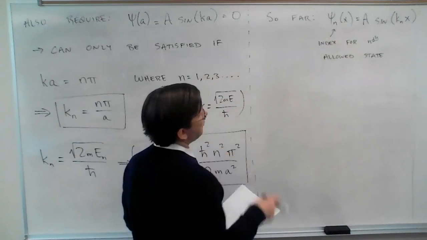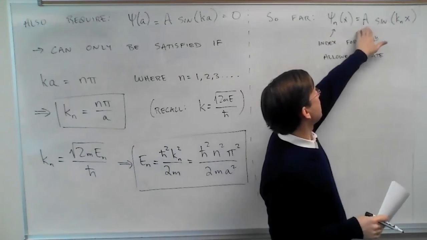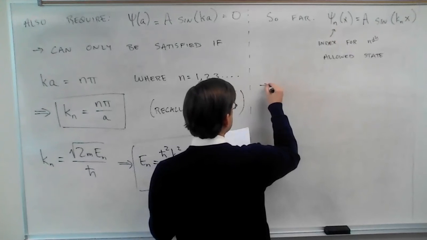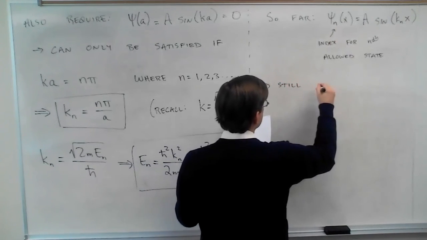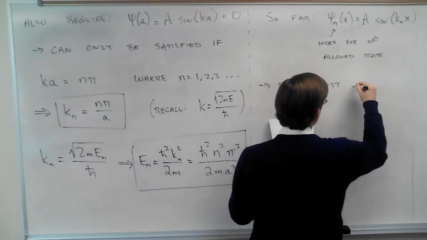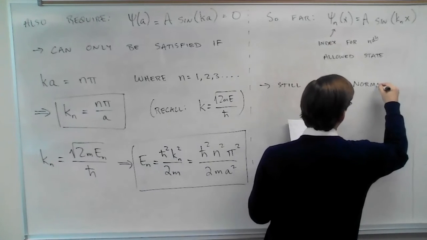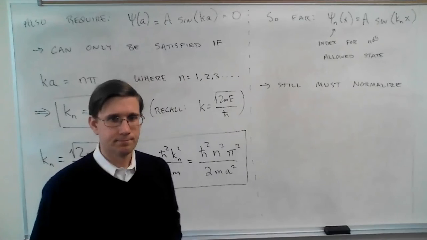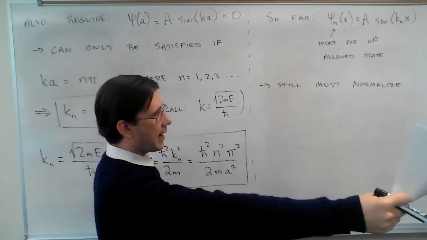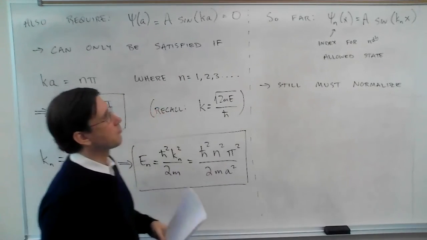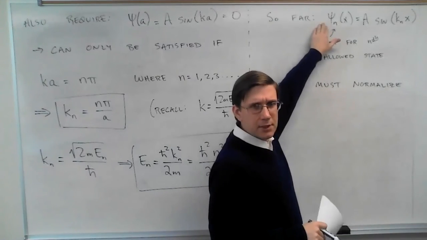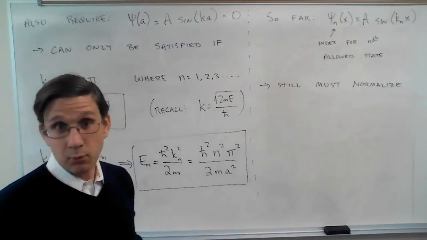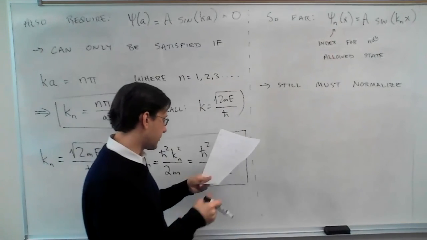Right, so the final thing left to do is to figure out what this unknown constant capital A is, and we can figure it out because we still need to normalize our wave function. It's 0 outside of the well, which means that if we integrate the magnitude of psi squared inside of the well, then we better get 1 because the particle has to be somewhere.